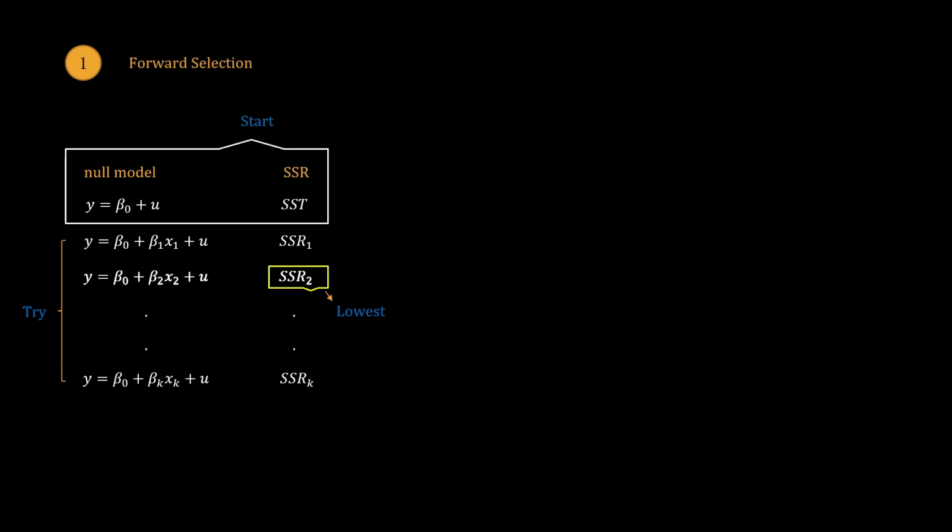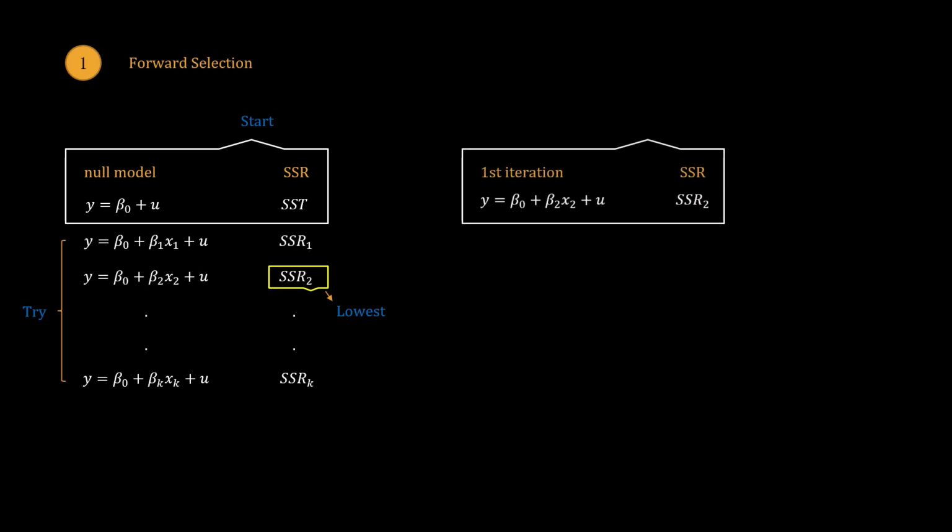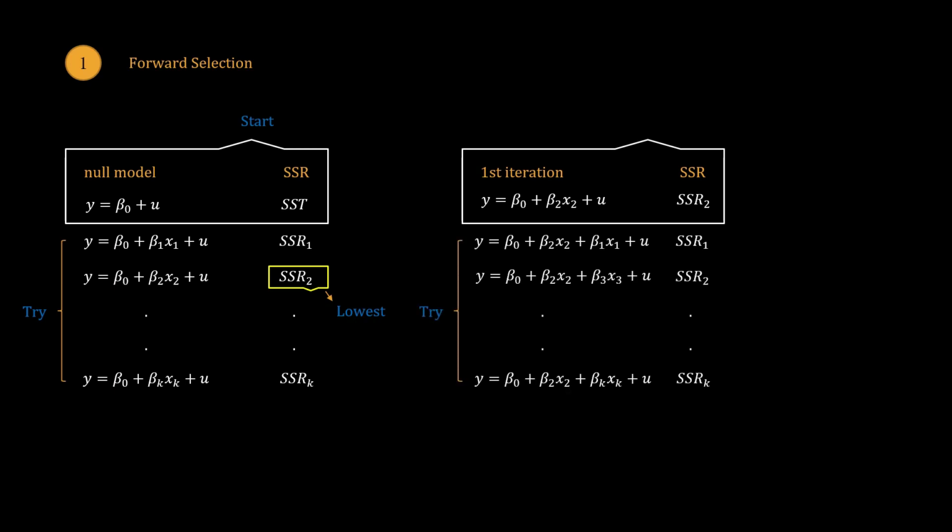Let's call it x2. Then run a 2-variable regression with the first variable x2 intact across all remaining variables, and then choose the one that results in maximum reduction in the error variance, and so on.